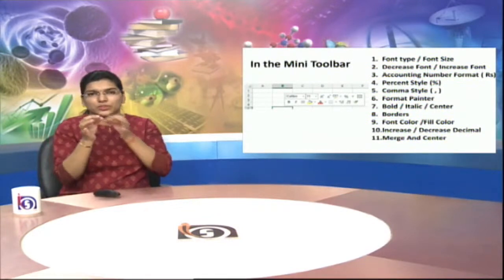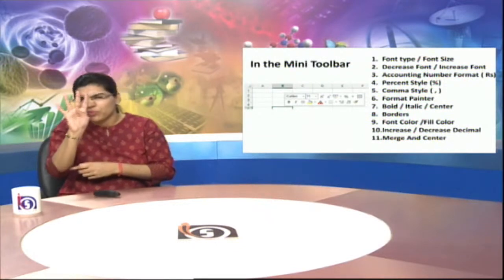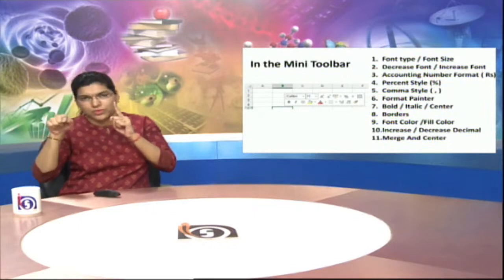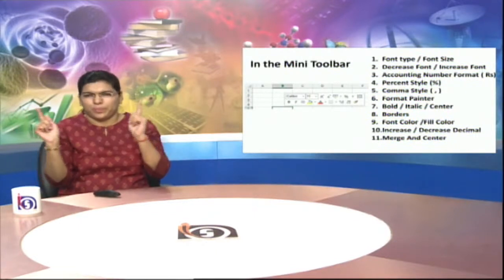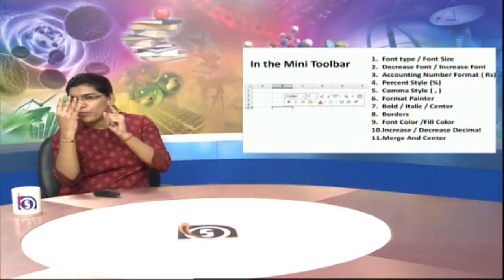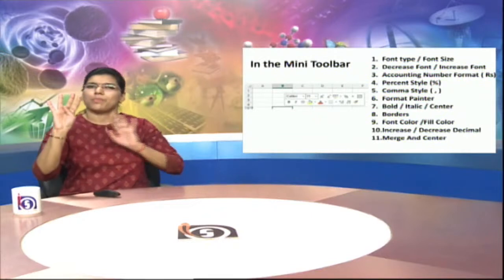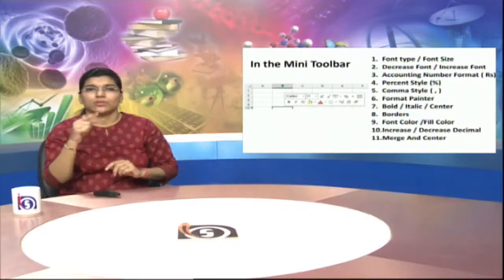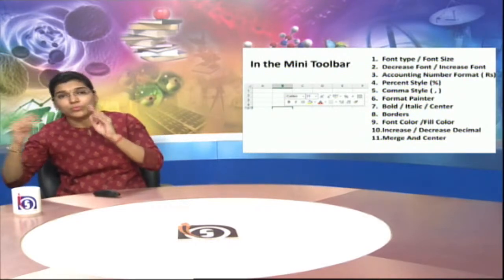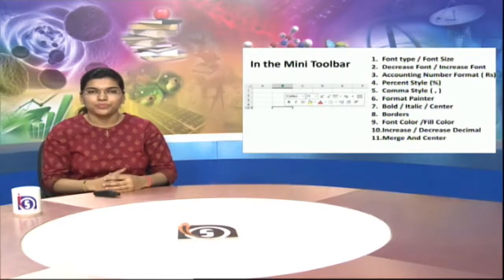Just for example, you have written something 60.421, any number, a long number, and I just want to make it short. 60.42, I want to make it till 4 only. So then decrease decimal will make our text smaller.